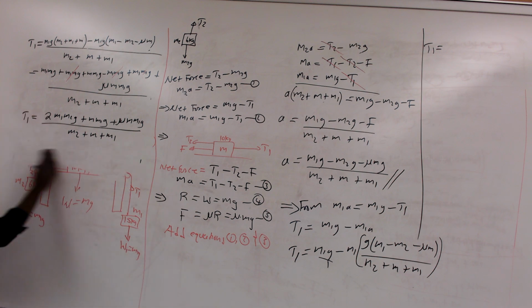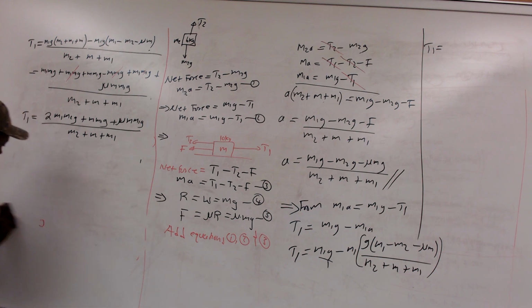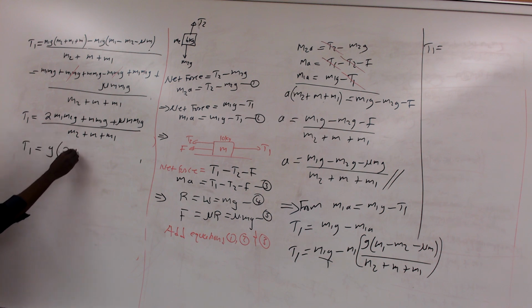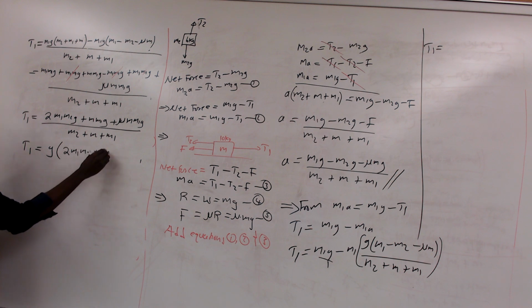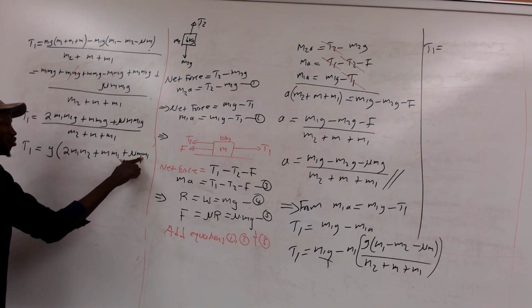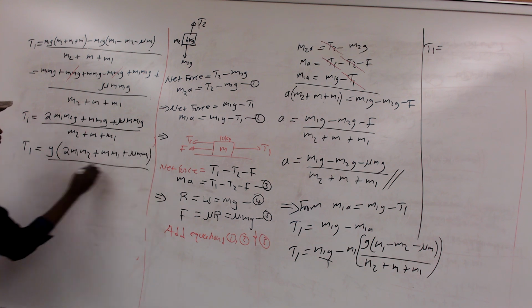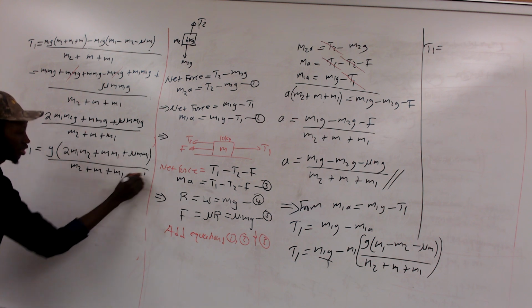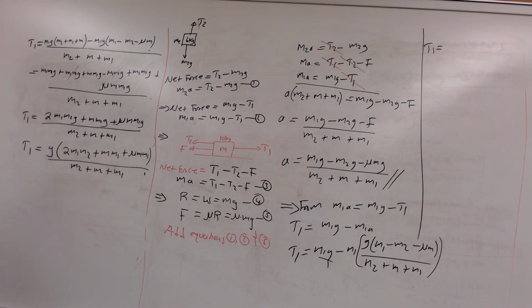So this is what we have. If we factorize G, it's going to be G into 2 M1 M2 plus M1 M plus mu M M1, divided by M2 plus M plus M1. This is the relation for T1.